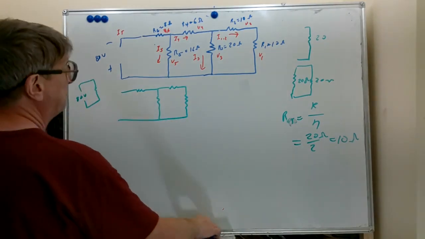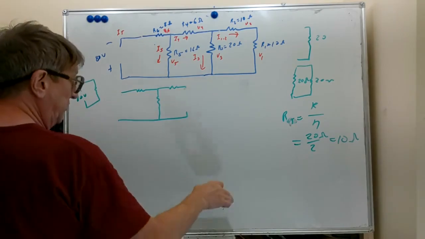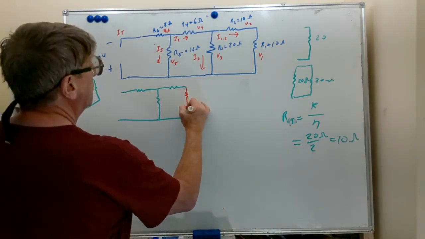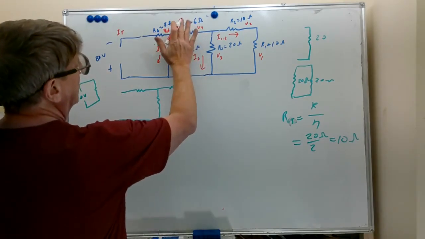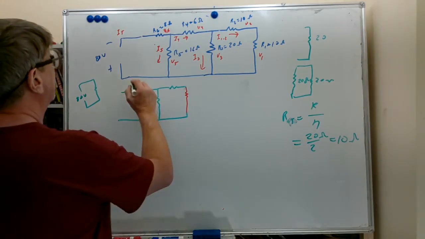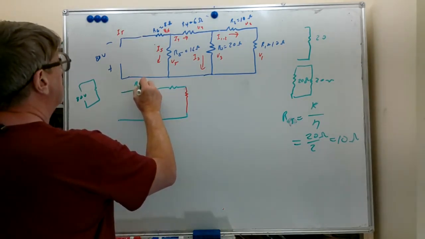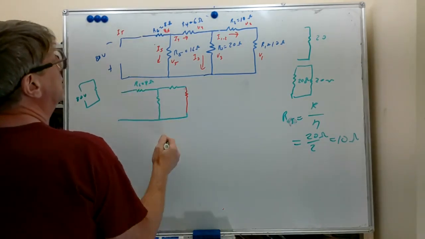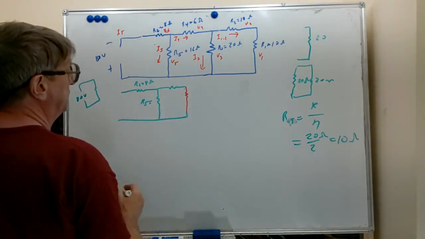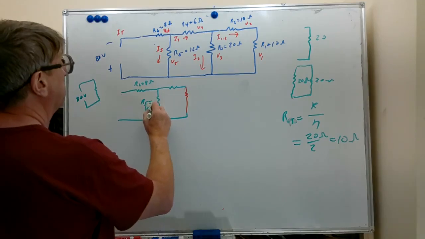I'm going to draw this particular one with a different color to indicate that is what we replaced this whole thing with. We still have R6 equal to 8 ohms. We still have R5 equal to 16 ohms.